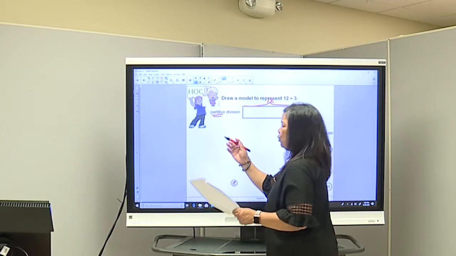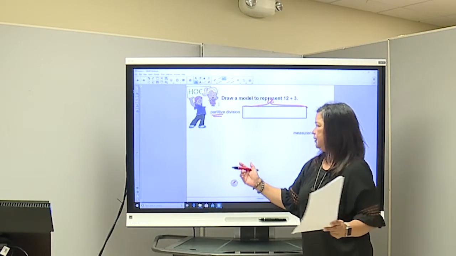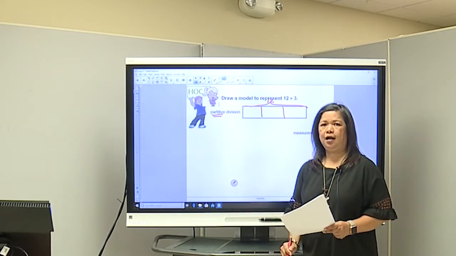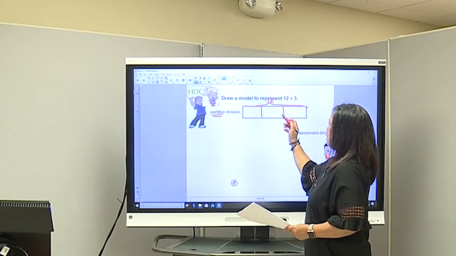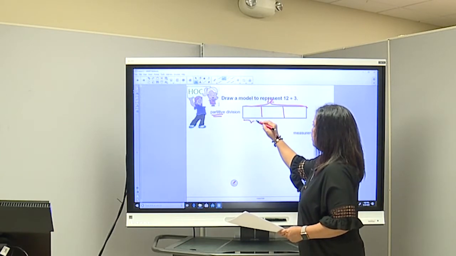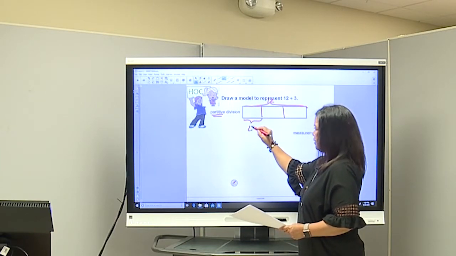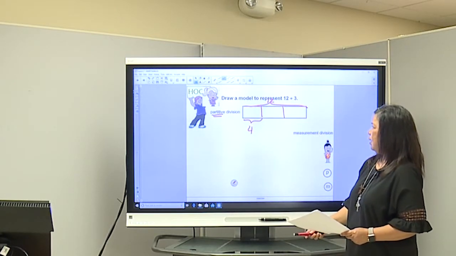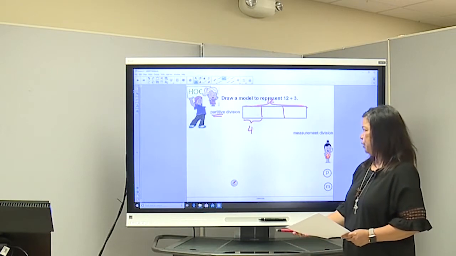Partitive means we need to partition 3 times. 1, 2, 3. So if that is 12, each of these parts represents 4. Okay? So that's one way of modeling 12 divided by 3.